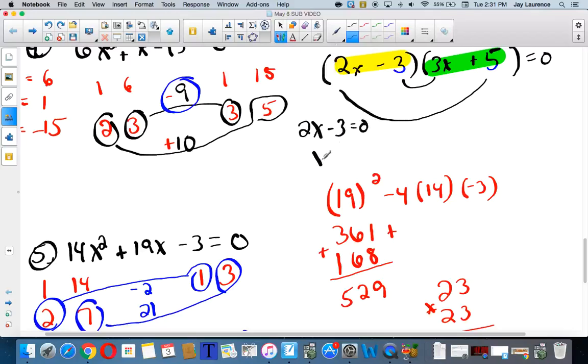When I solve for that, I'm going to get a positive 3/2. And the second one will be 3x plus 5 equals 0. And solving that, I should get x equals negative 5/3, or you could tell me negative 1 2/3.